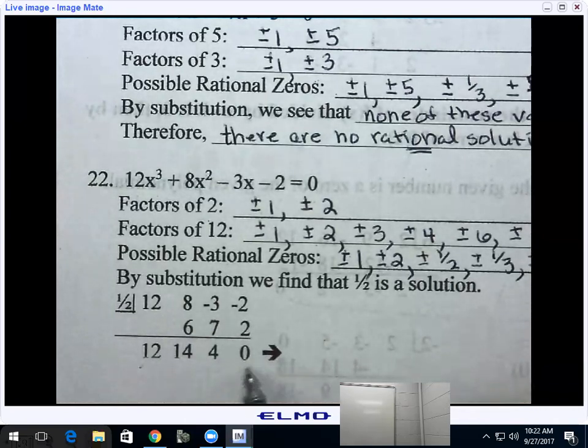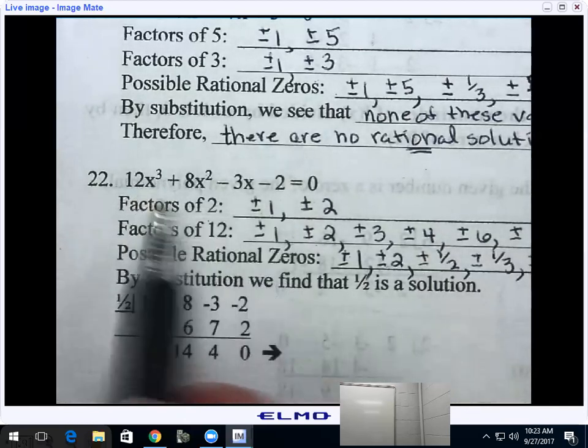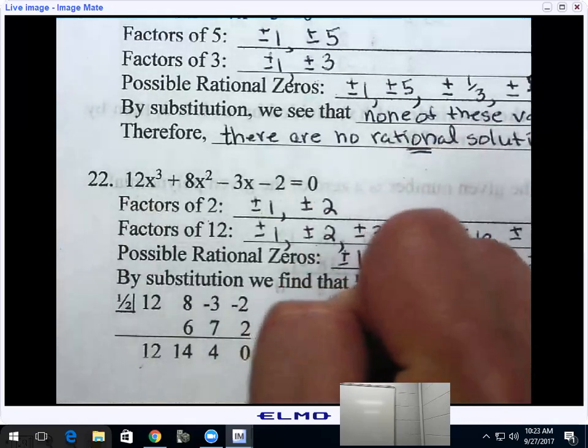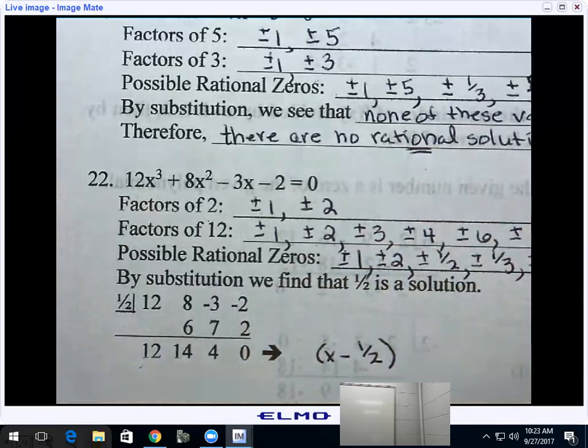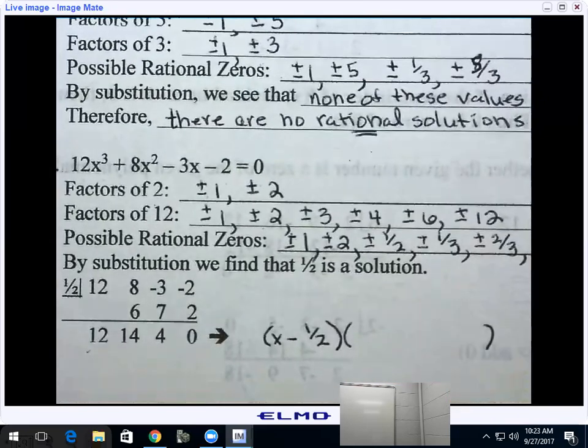If I had not come up with a 0 remainder there, that would have told me that I was wrong about this statement or I made a mistake in my synthetic division. If I'm right about this, then the remainder is going to be 0. The way that helps me is I can write this expression now as x minus a half times what other factor from the bottom row of my synthetic division?